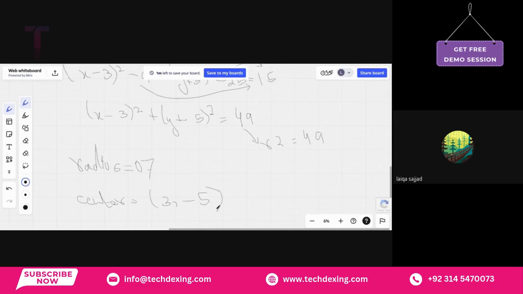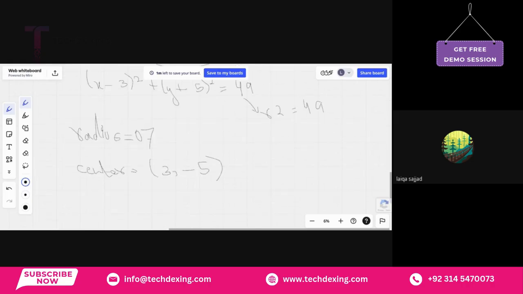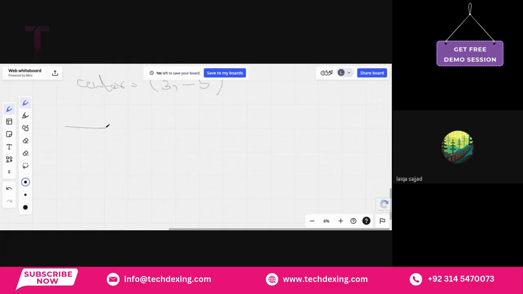After understanding the general and the standard form, you need to know a few properties of a circle. The first property is that whenever you have a right angle inside a circle, the hypotenuse of that right angle will be the diameter of the circle.